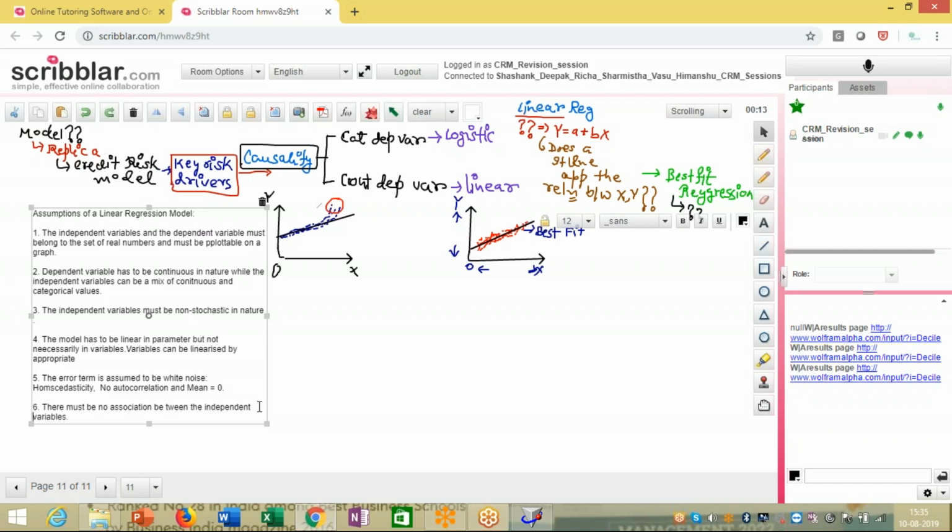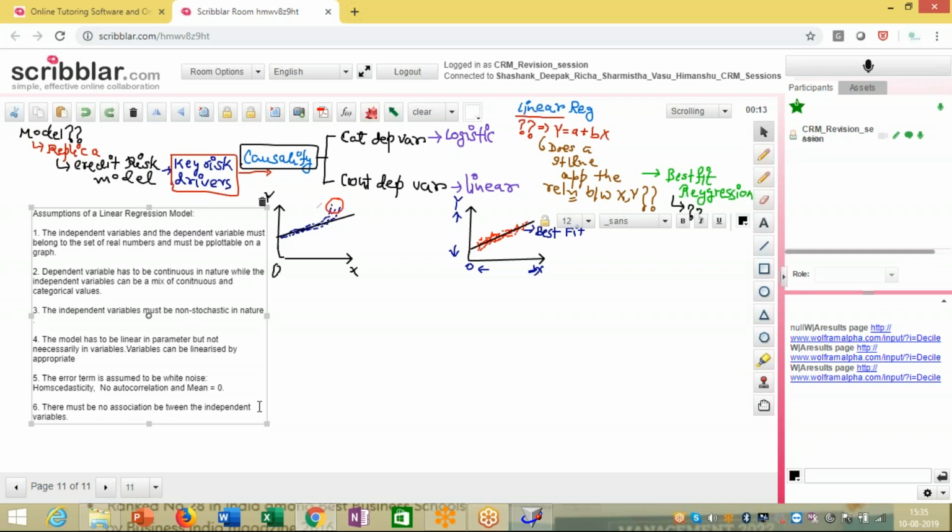So how do I know whether it's random? If the error terms are identically and independently distributed, I'll say that yes, they are white noise. And what are the characteristics of white noise? The mean is zero, the variance is constant, so there is no heteroscedasticity, and there is no autocorrelation between the error terms.